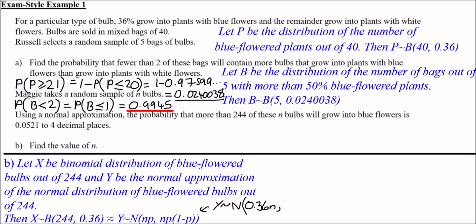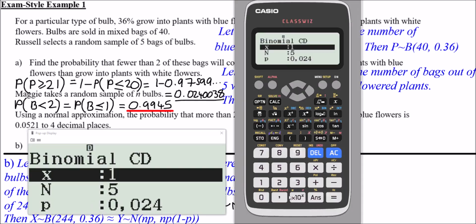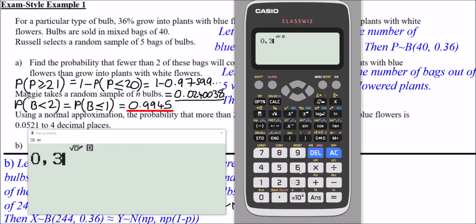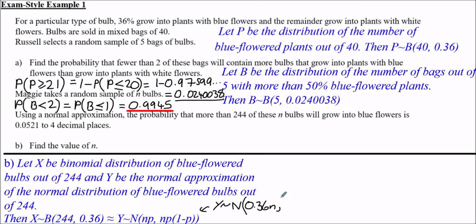So if we do this next, 0.36 times 0.64, I get 0.2304. So that's going to be 0.2304N.